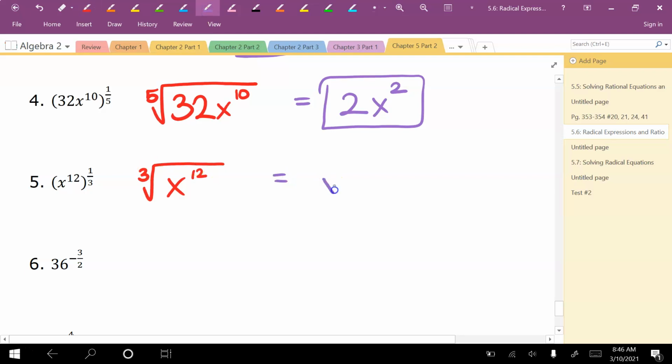What is 12 divided by 3? 4. So this one should have just been x to the 4th.